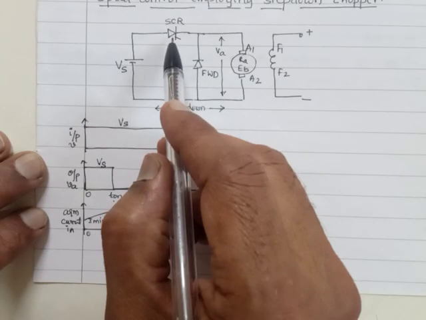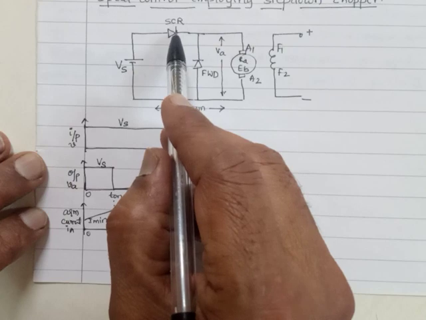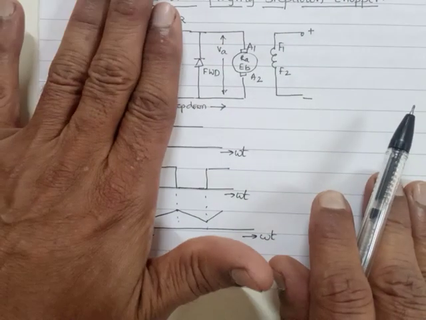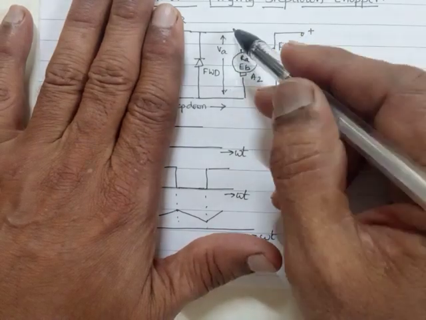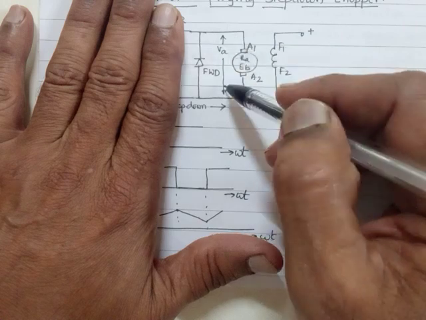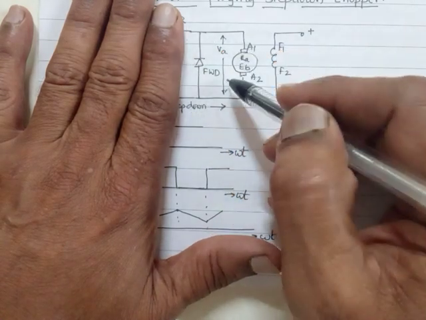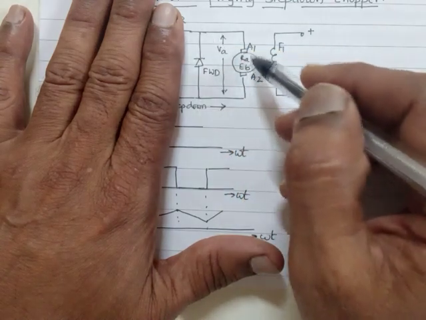Then when SCR is turned off, that is, it is commutated, that means this part of the circuit is cut off. The voltage across the armature, when this is cut off, what will be that? When this is cut off, the armature is still running.